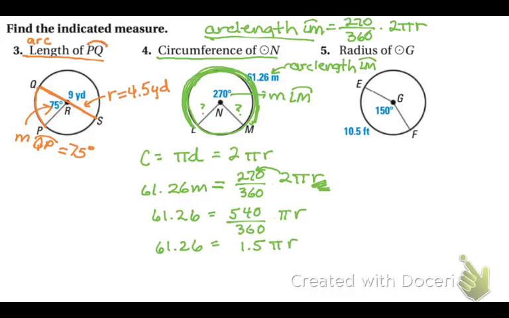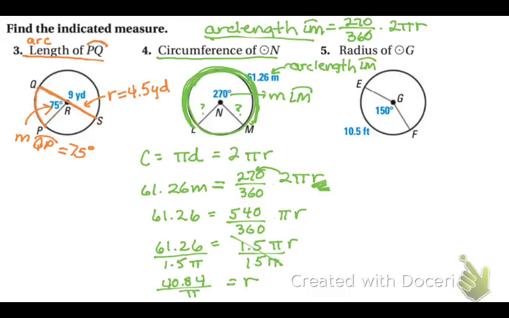So to isolate r, I need to divide both sides by 1.5 pi. This isolates r all by itself. And 61.26 divided by 1.5 is 40.84 divided by pi.